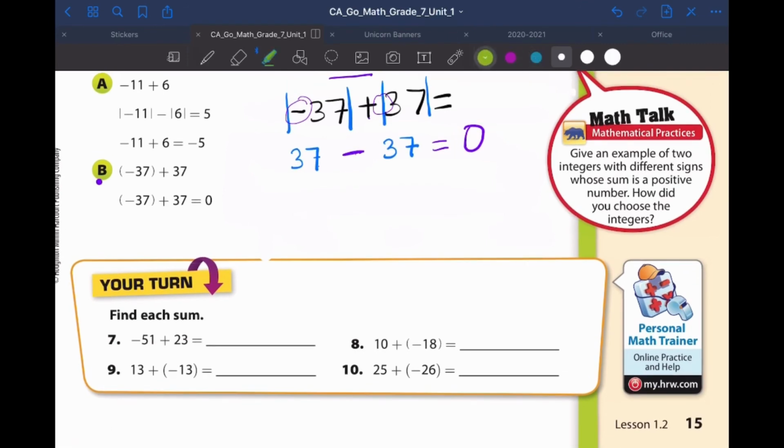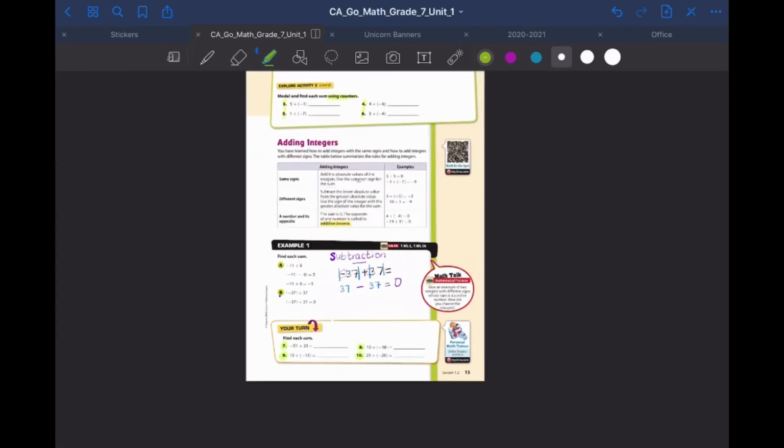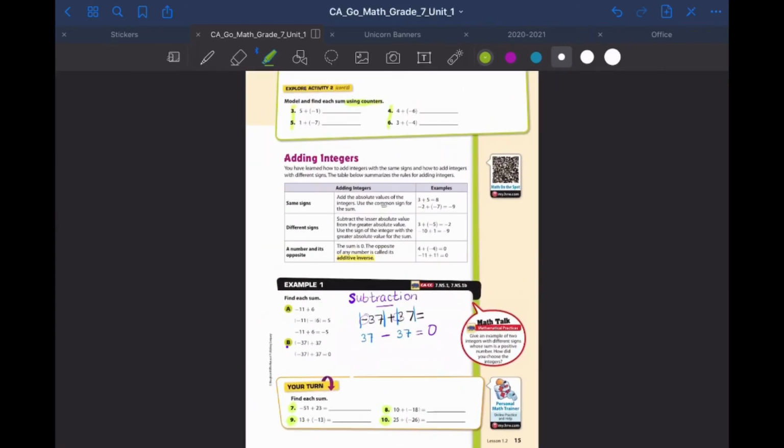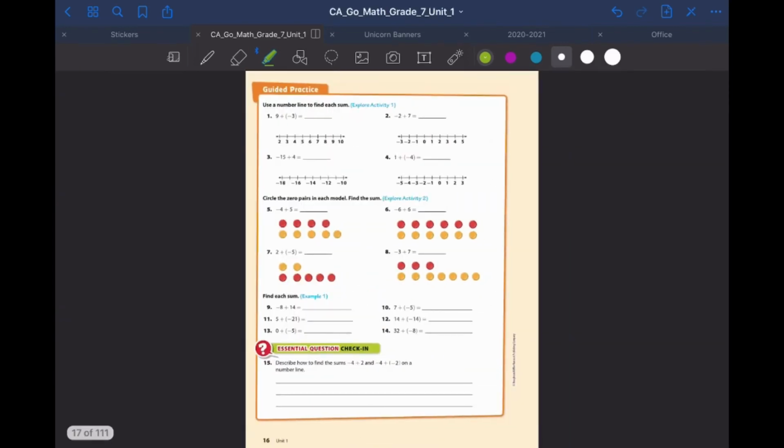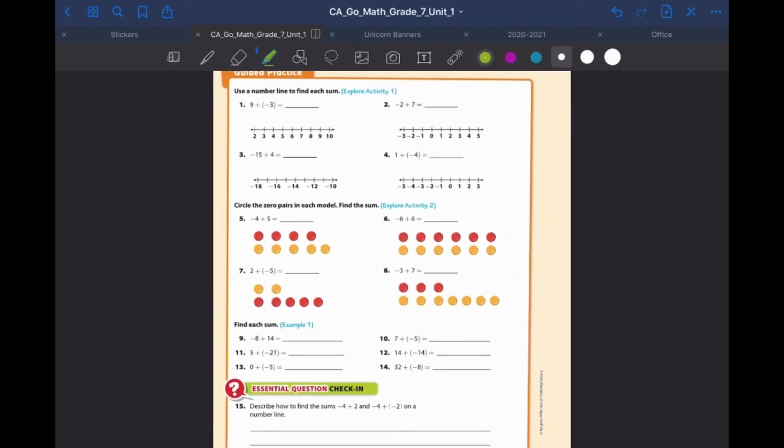Okay, so it's your turn. 7, 8, 9, 10. Okay, and you are going to do all of these ones on your own. First, they want you to use a number line to do number 1, number 2, number 3, number 4.